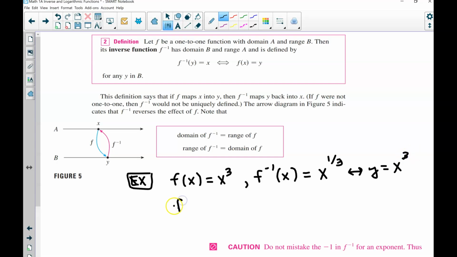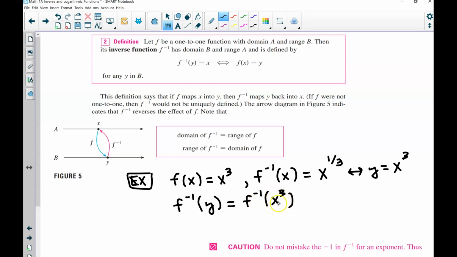So if we use our definition from above, we would say that f inverse of y, and what does y equal here? Well, it equals x cubed. So we're going to substitute the input y to be x cubed. So now the input is x cubed, and now we're going to put this input into the inverse.